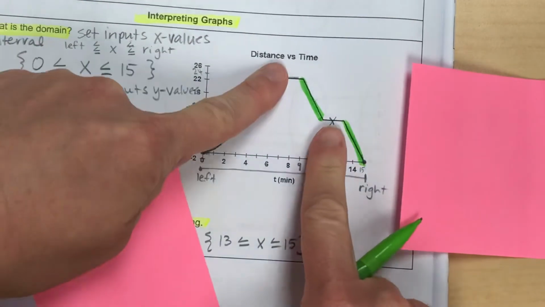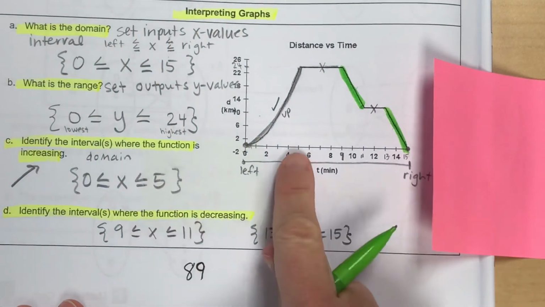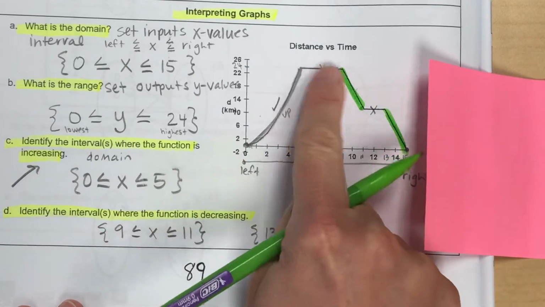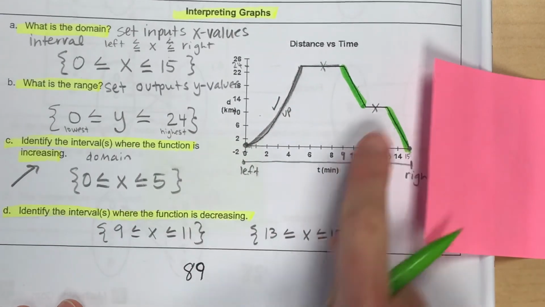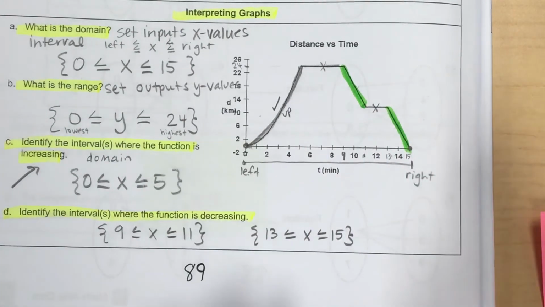The sections that we didn't label were the sections that were increasing or constant. So increasing happens really from 0 to 5, and the constant section is 5 to 9. And then between 11 and 13 is also a constant section.